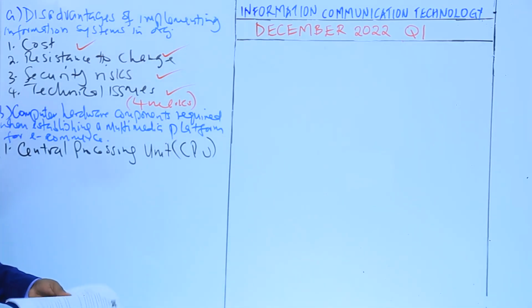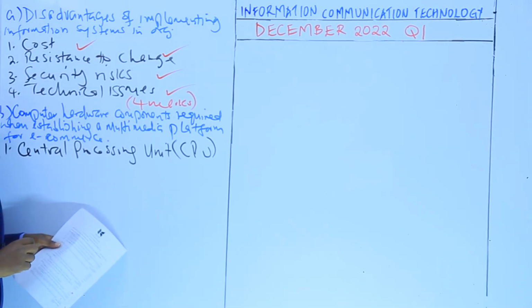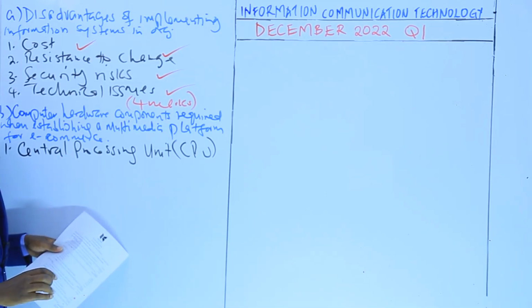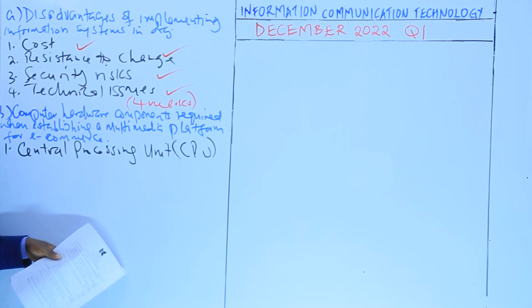The CPU is the brain of the computer system and handles the processing of data. It performs calculations, executes instructions, and manages the overall operation of the system. So a powerful CPU is essential for handling multimedia tasks effectively and efficiently.